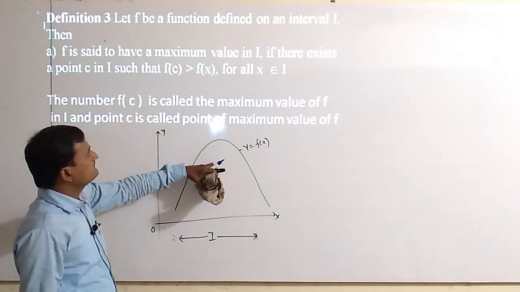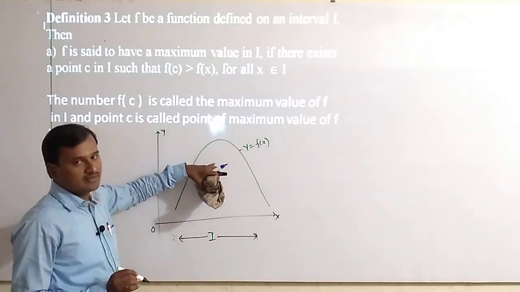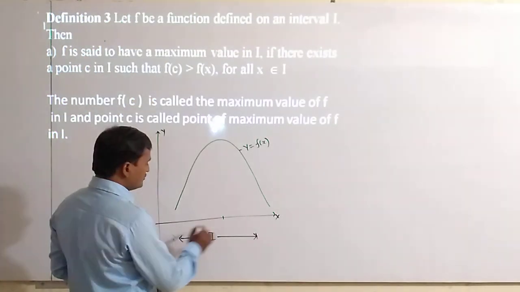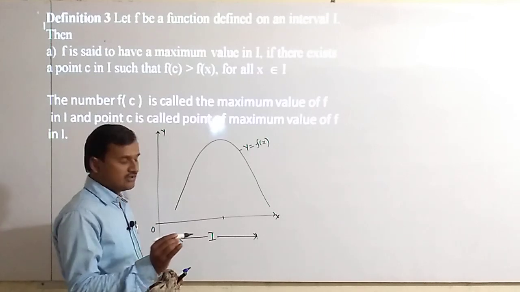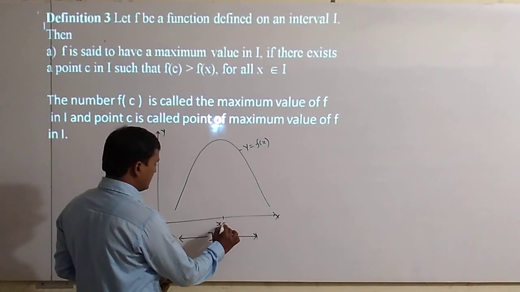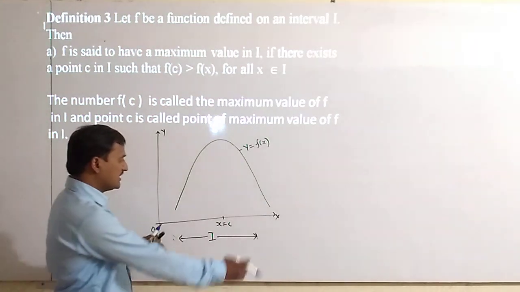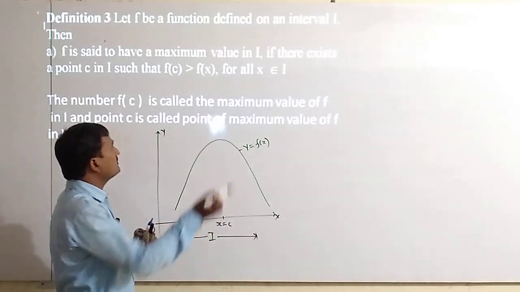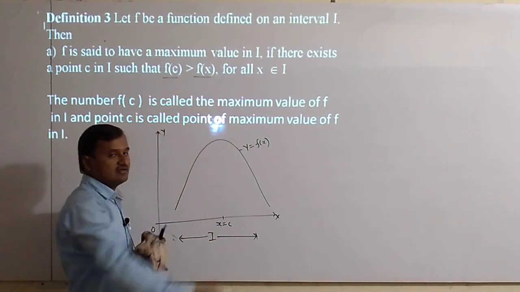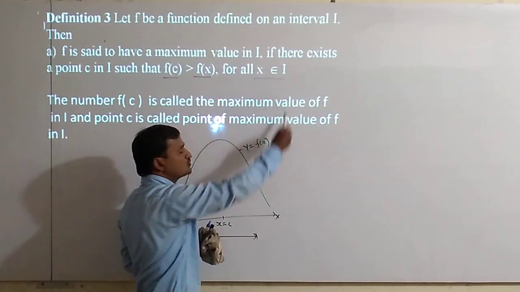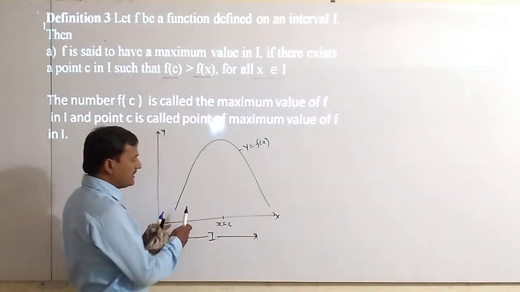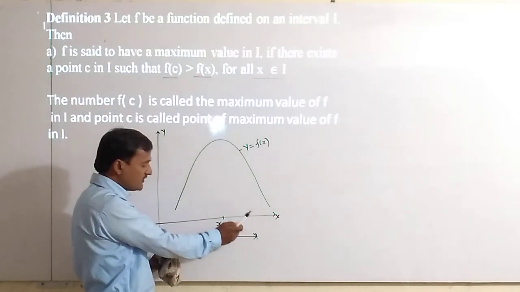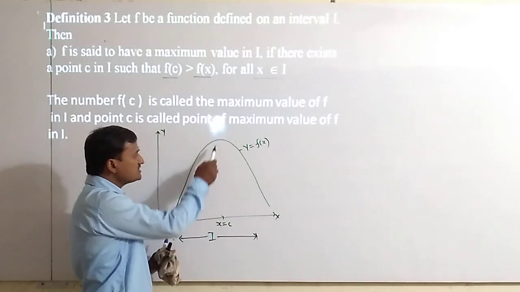When we will say that this function is maxima? Here I will take one point C. In this interval there exists one point C. That point we will call x equal to C. In this interval there exists one point C such that f of C is more than f of x for all x belongs to I. So while comparing all the values of x in this interval, the functional value at C is more.